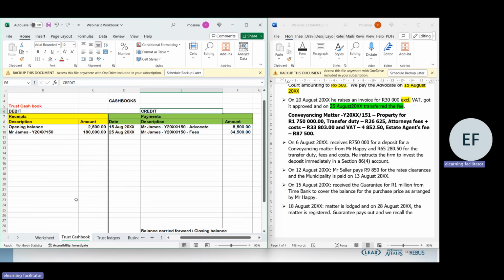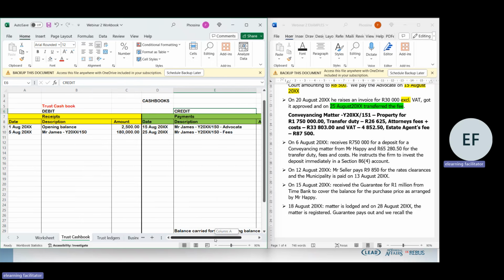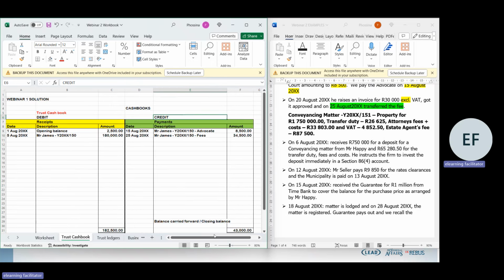These are cash transactions, so there is no need for us to do journal entries, but we can always do journal entries whenever you want an illustration. I'm going to minimize so that our T account can show the full picture. We go back to our trust cash book. So how much are we receiving in trust, and when are we receiving?